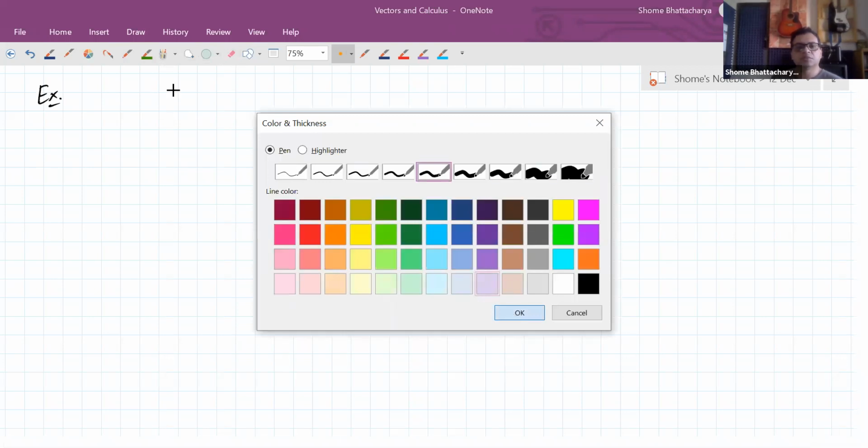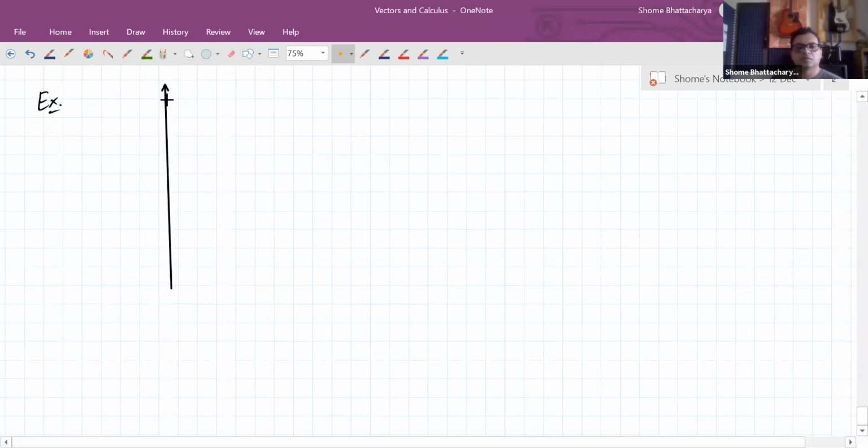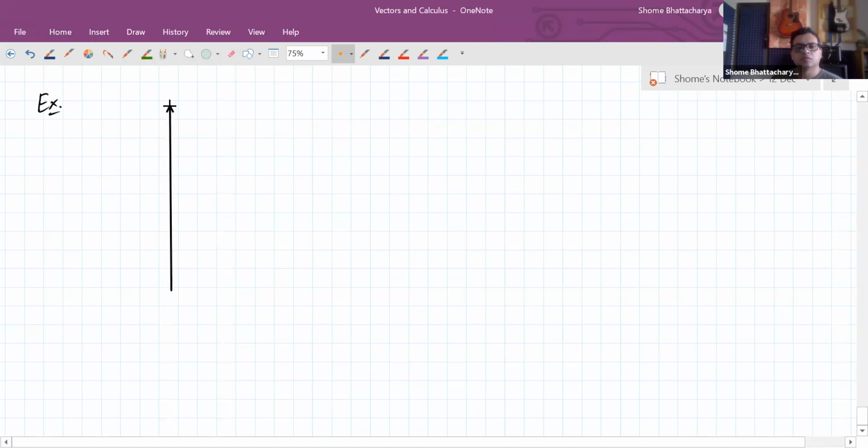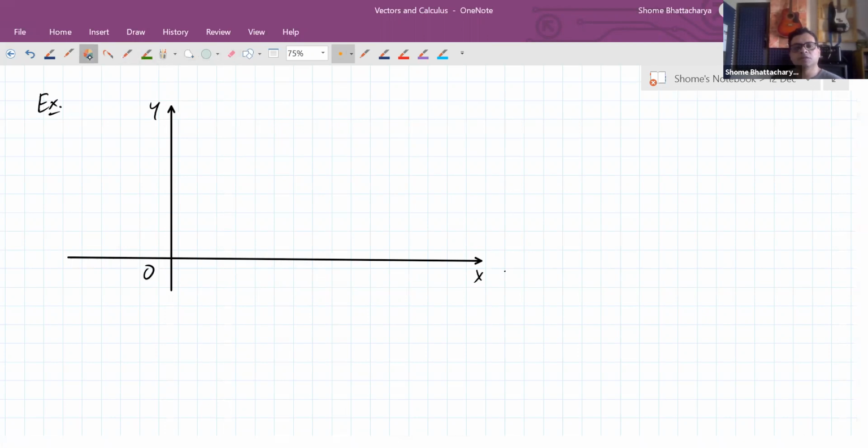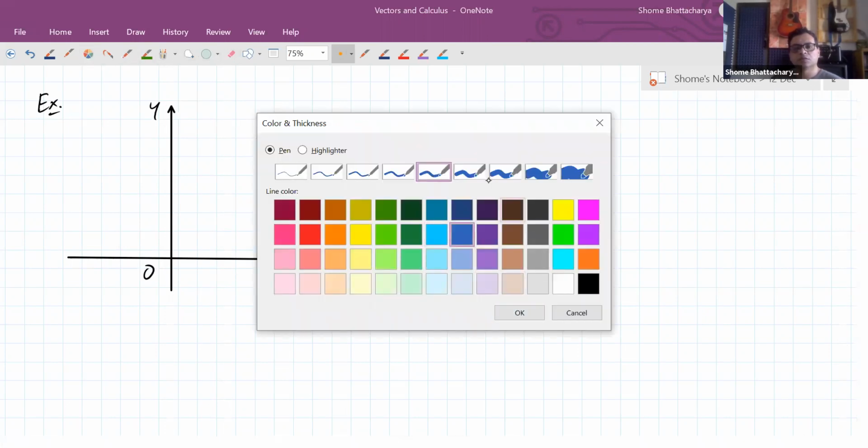So now in this example, we have, let's say, this xy plane. Now in this we have a couple of vectors given to us.